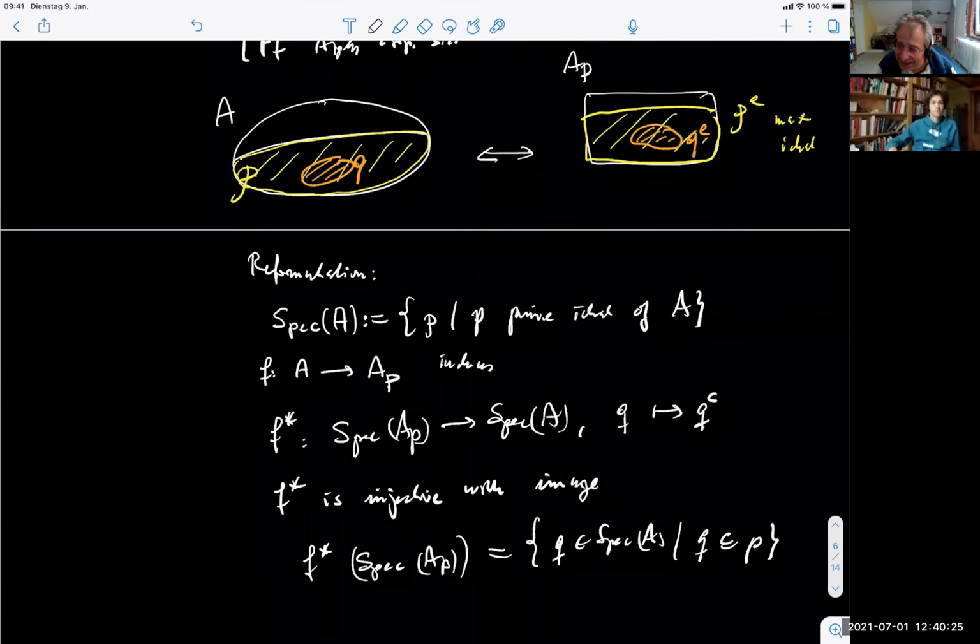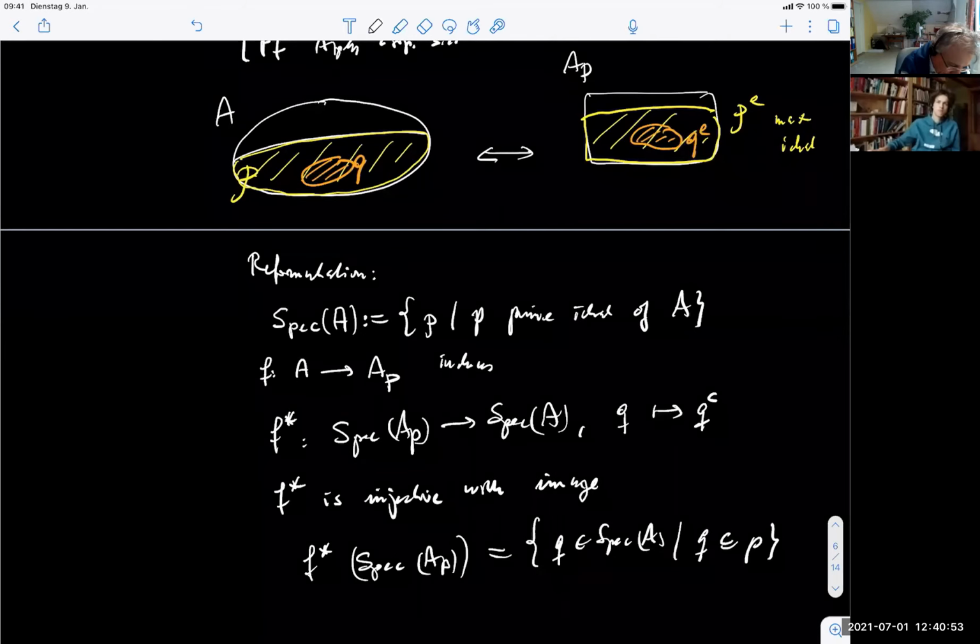I didn't say why it is injective. So suppose I give you Q contracted. How can you reconstruct Q? By extending. Just by extending, correct.